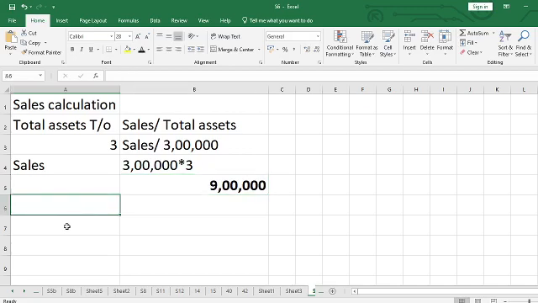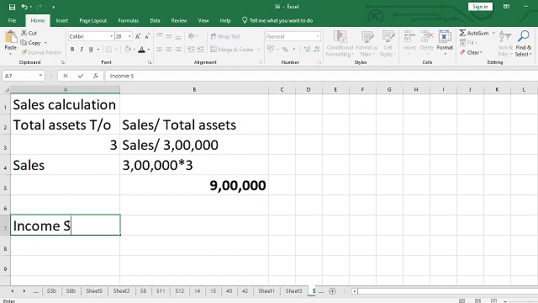So now once you get sales, next we will go for the income statement, the pro forma.